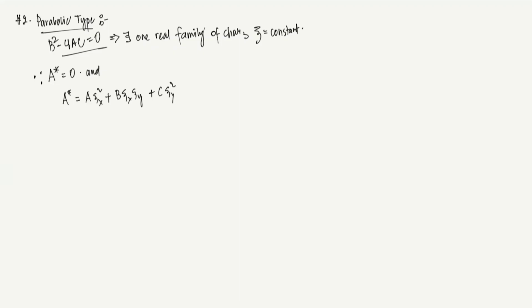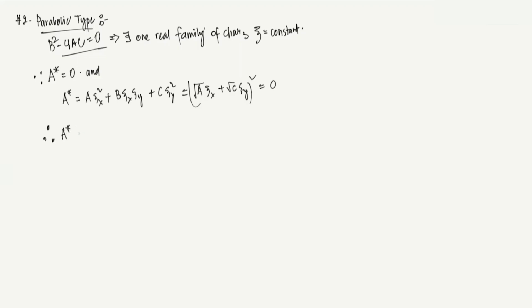Now you can write it like this: root a xi x plus root c xi y, whole square, and this is 0. Clear? That's what that equation gives, right?